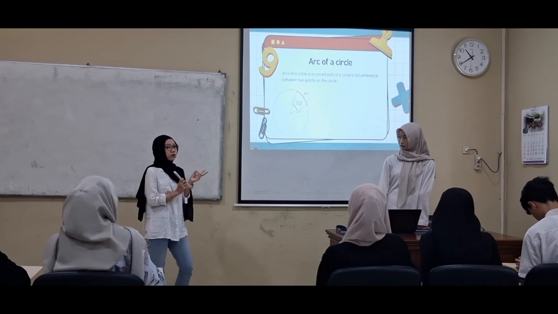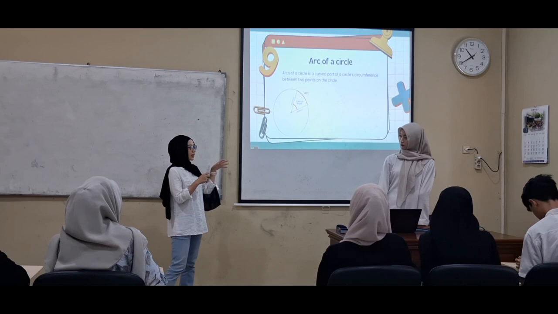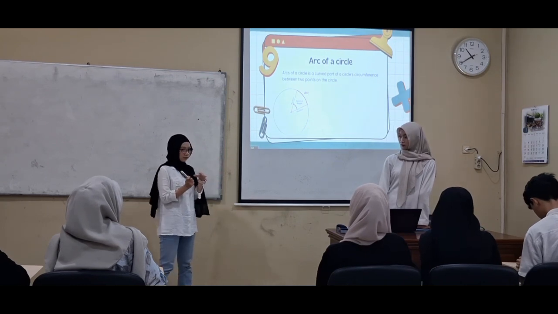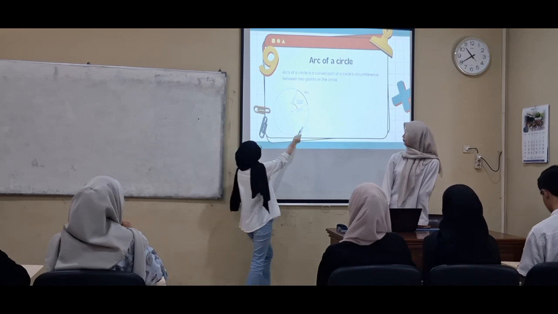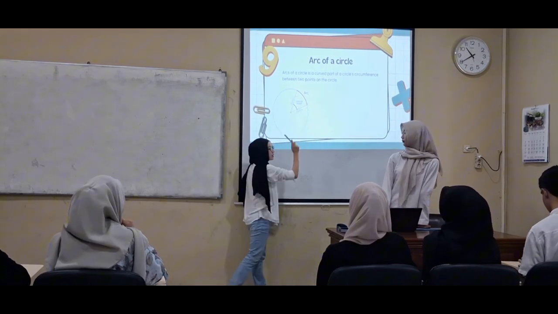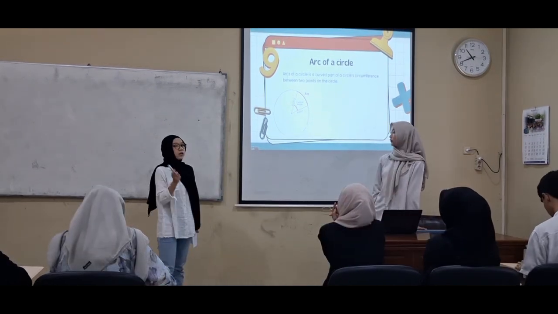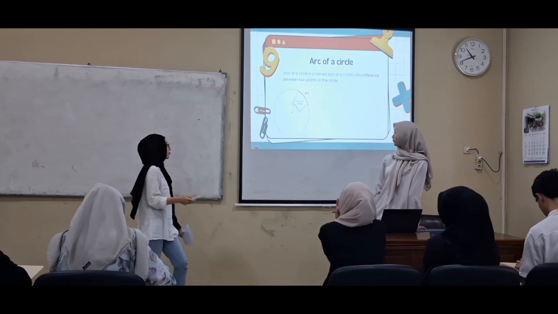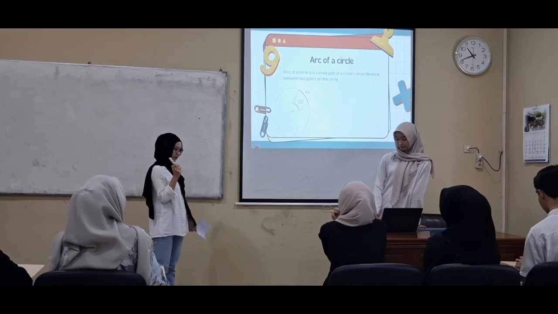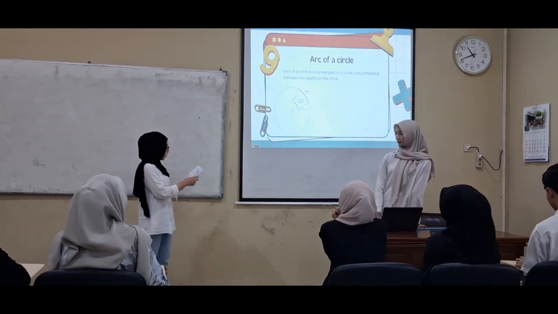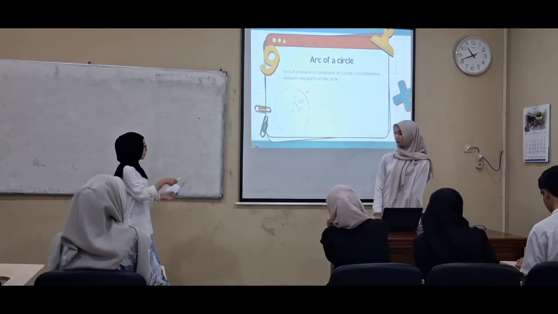So, if I choose two different points on a circle, can I create an arc? Yes. So now we know what an arc is. But can we measure the length of an arc? Yes, exactly. So the length of an arc is the distance along the curved part of a circle.